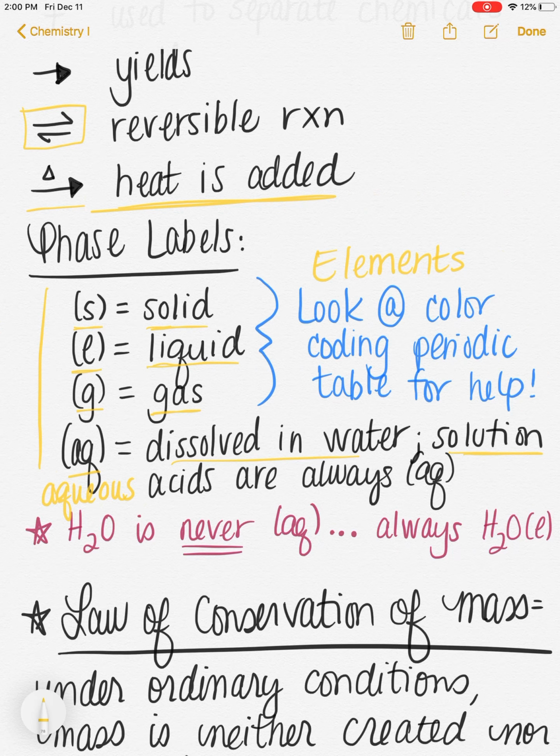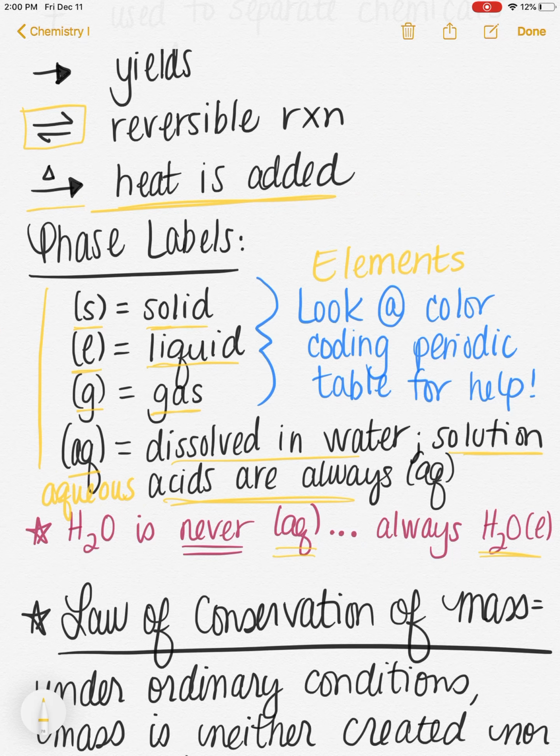Acids are always aqueous. Think about like when you make Kool-Aid at home, you have to take Kool-Aid powder and sugar and dissolve them in water. So Kool-Aid is an aqueous solution. One thing that can be a little bit confusing is that water itself is never aqueous, because aqueous means something dissolved in water. So I never want to see you put aqueous as a phase label after water.